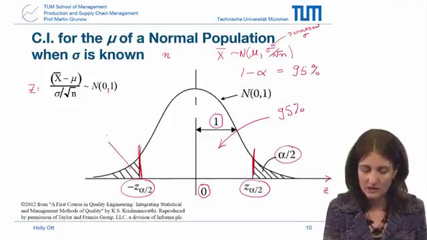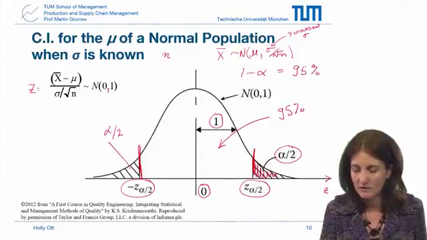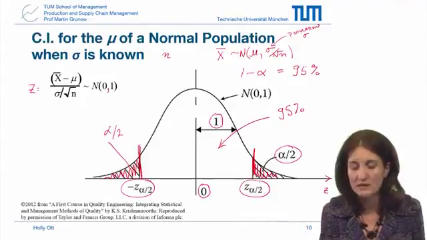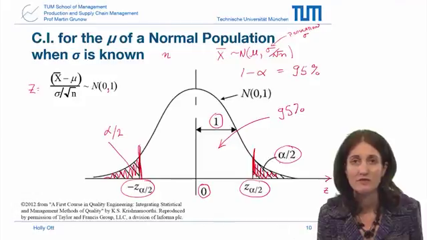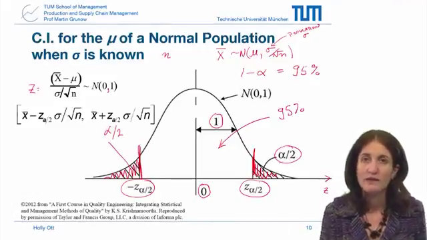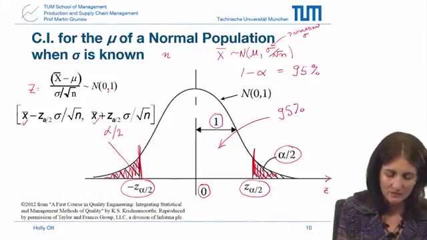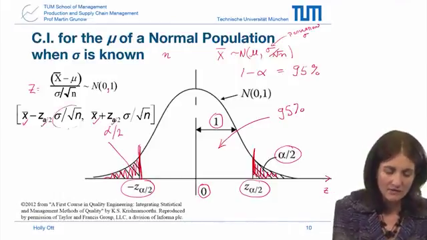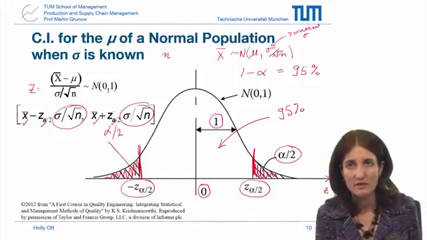And the probability that our z values will lie beyond these two values will be a very small percentage, which is alpha over 2. And we then calculate, according to our formula there, the confidence interval. We know the x bar. We know the z alpha over 2 because we just looked that up. And of course, we know n, and we know the standard deviation of our population.